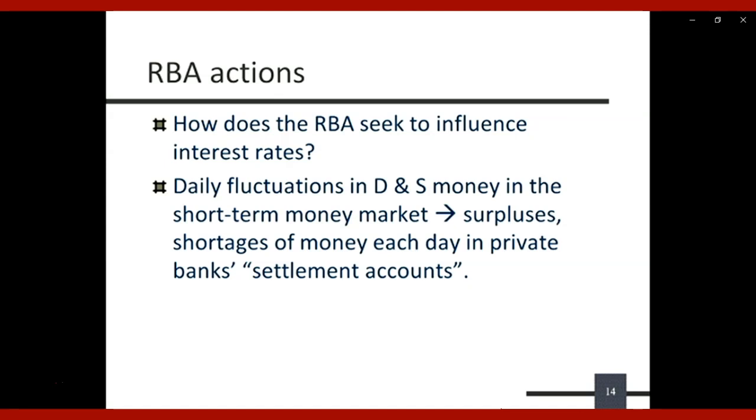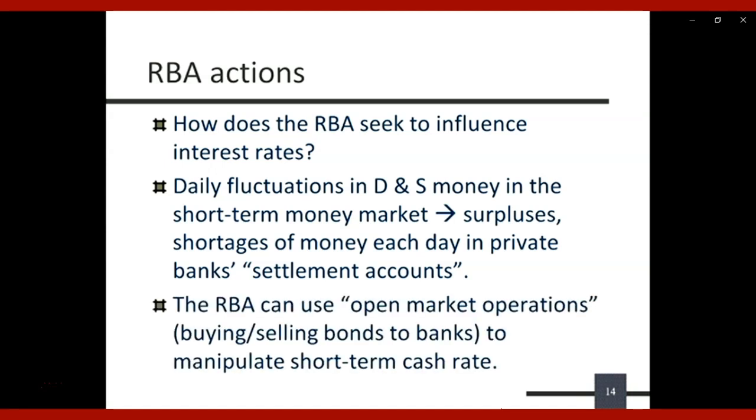So they have these settlement accounts. And at the end of the day, each bank will either have a shortage in its settlement account or a surplus in its settlement account. If it has a shortage, then it'll need to borrow money to cover that shortage for the end of the day. And it's at this point, this kind of weak point, so to speak, that the Reserve Bank can manipulate the interest rate on the borrowing of money to cover settlement accounts by the private banks.